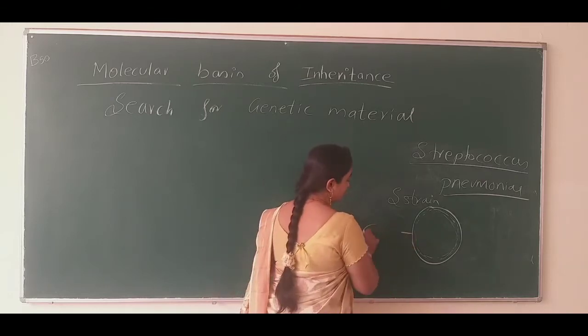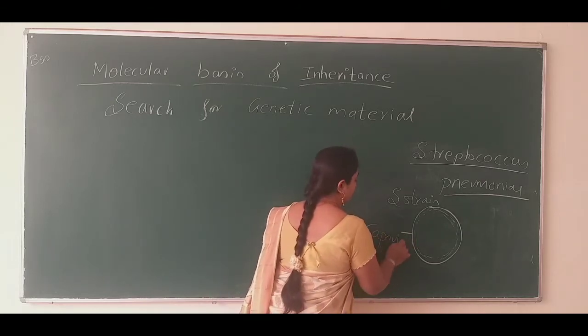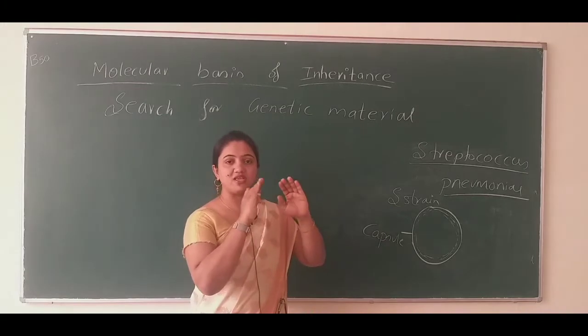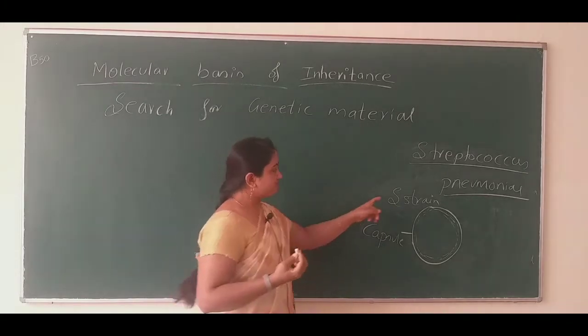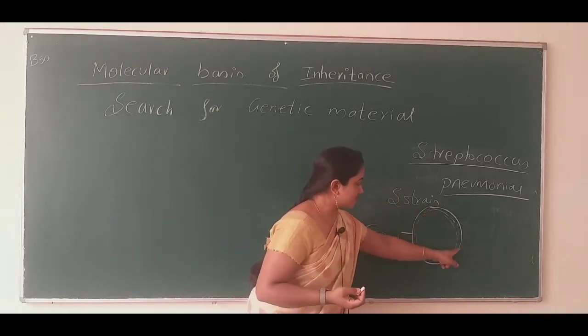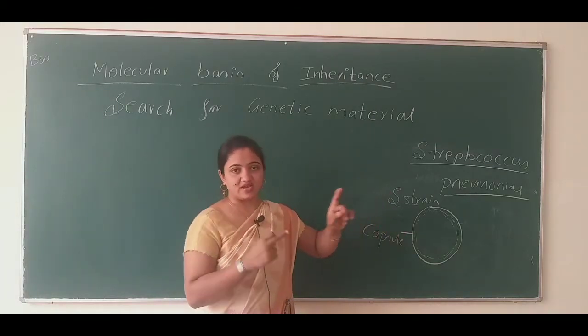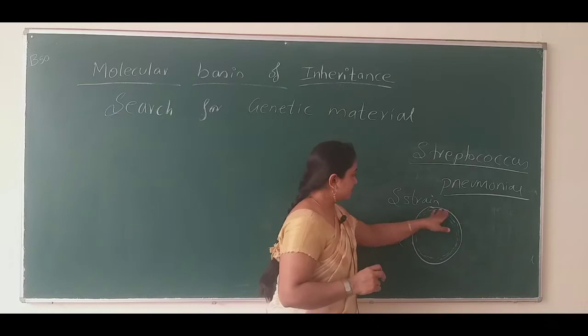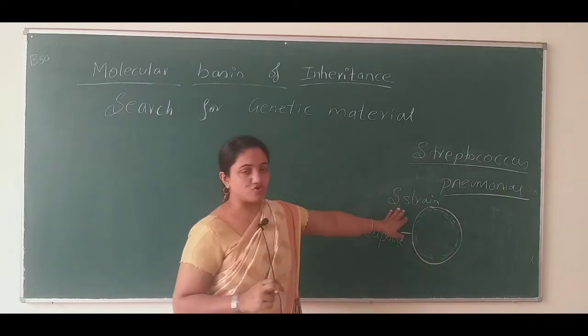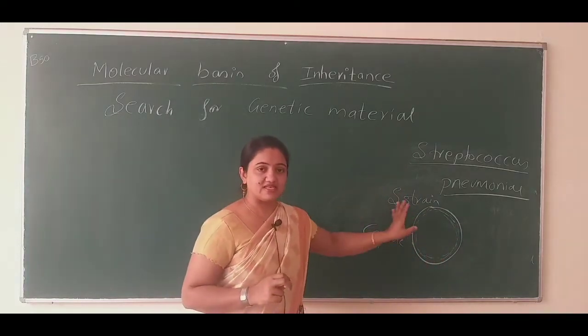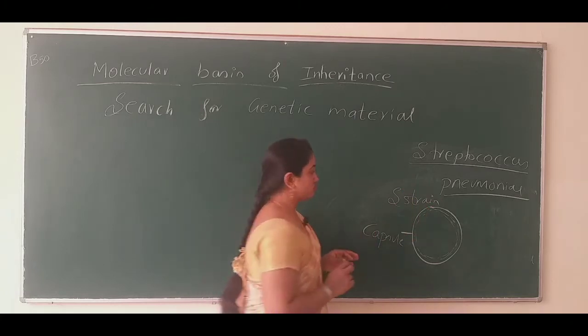Consider this is a capsule or a polysaccharide coat. If Streptococcus pneumoniae is surrounded by a mucus known as a polysaccharide coat, this type is known as the S strain Streptococcus pneumoniae.